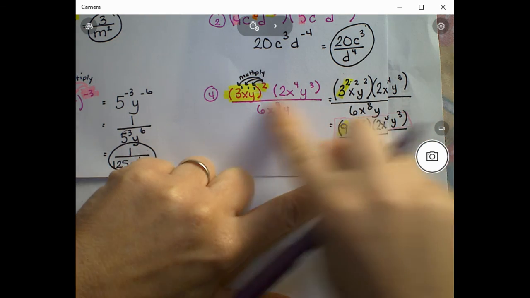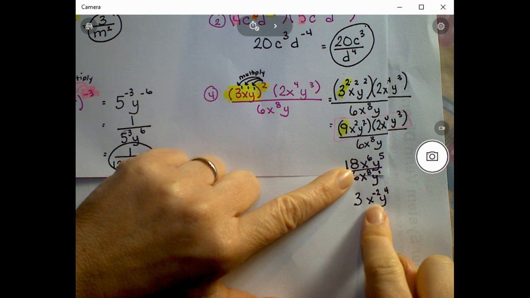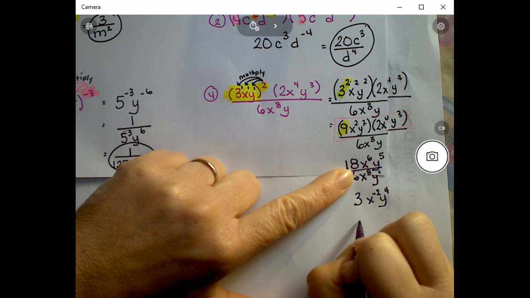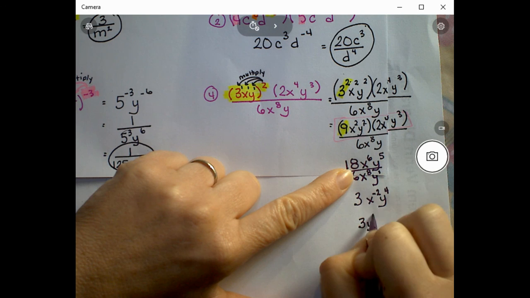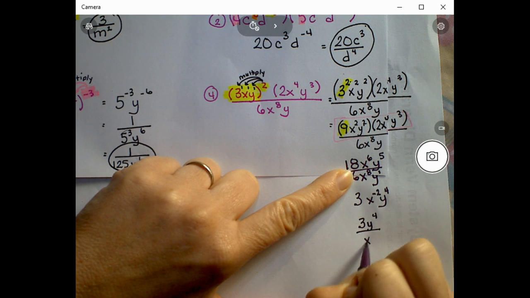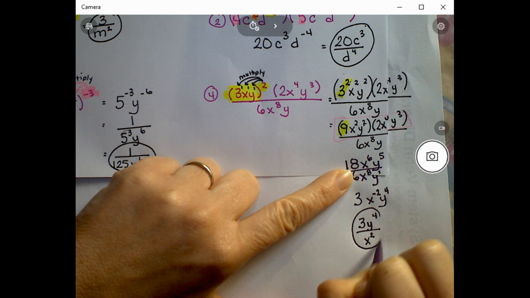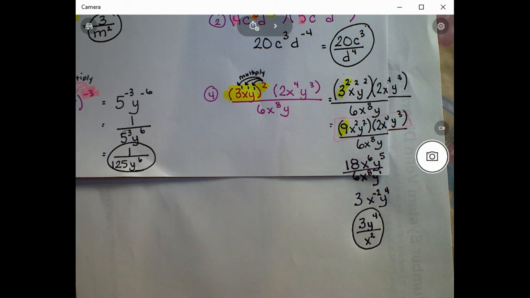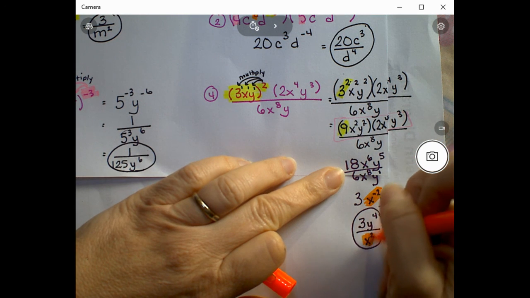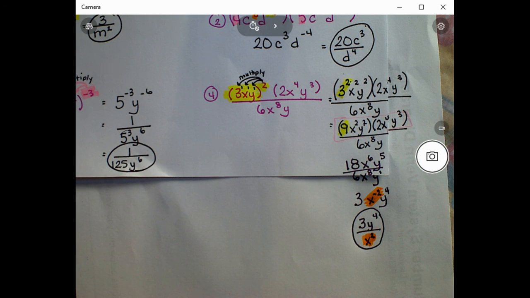And you see how it's gotten so much simpler, but we can't leave a negative exponent in the final answer. So 3 and y to the 4th stay on the numerator, and we're going to put x squared underneath so that it can become positive. Okay, so that last part, all we did was we moved the negative exponent to the denominator.